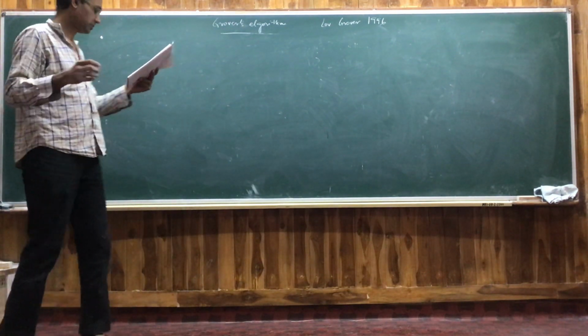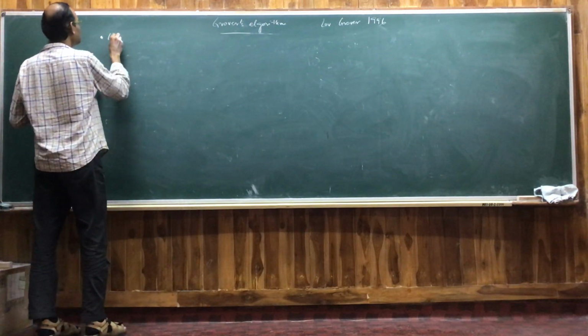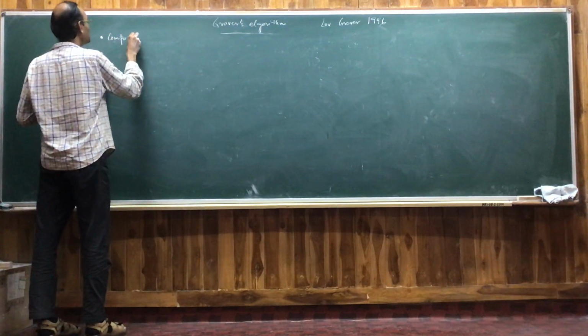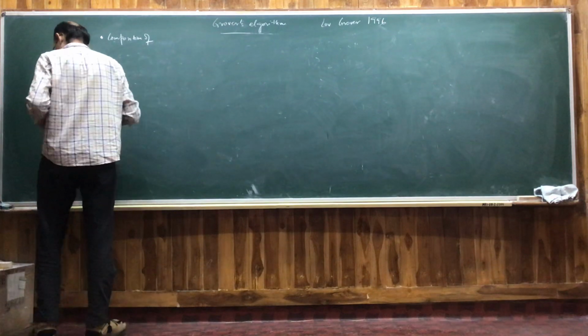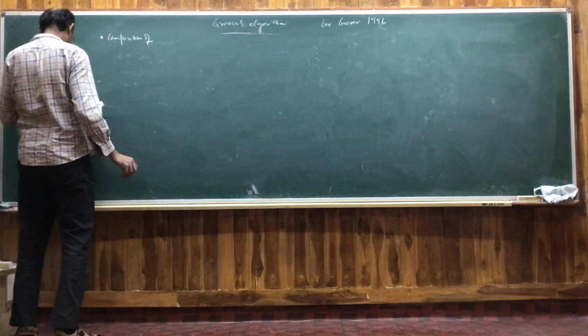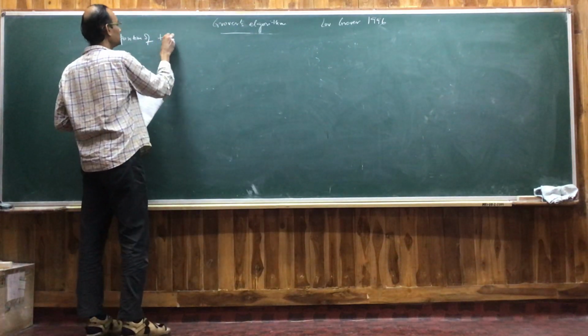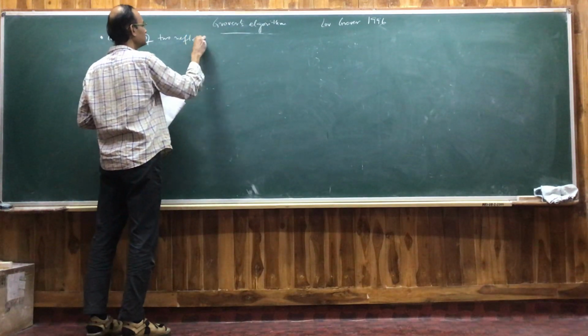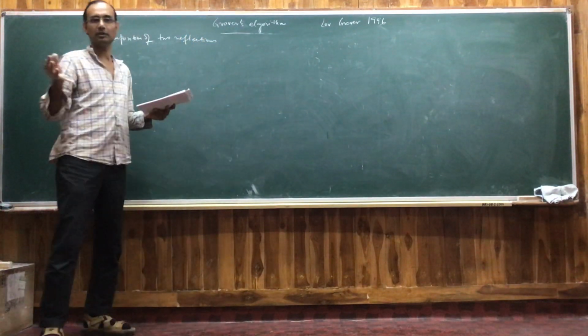It's an exercise in geometry. It's that composition of two reflections, U and V are both reflections.